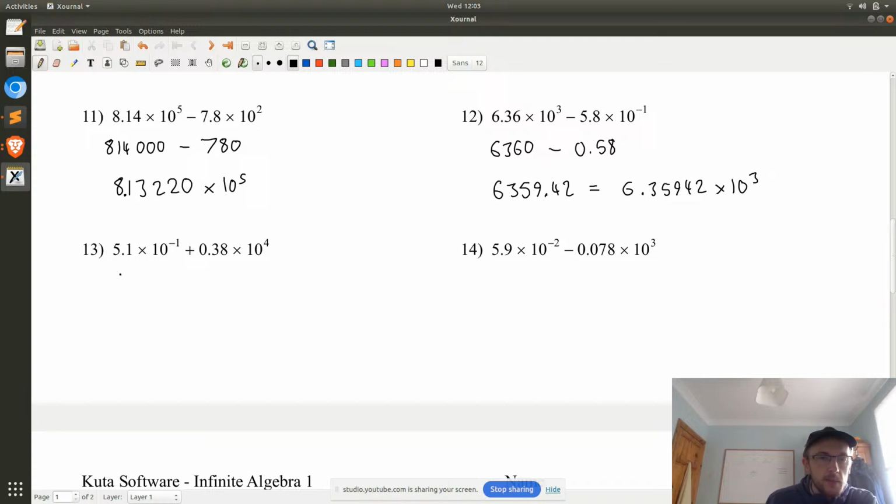And now 0.51 plus 3,800, which is 3,800.51, which is 3.80051 times 10 cubed, like that.